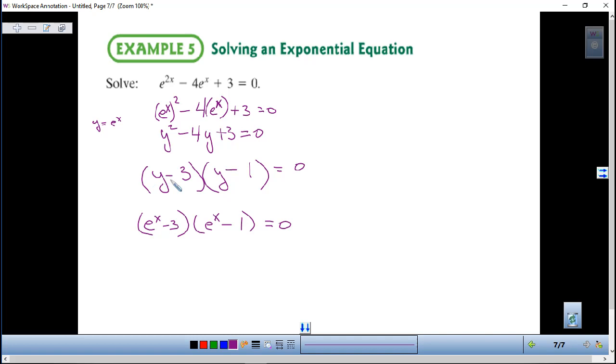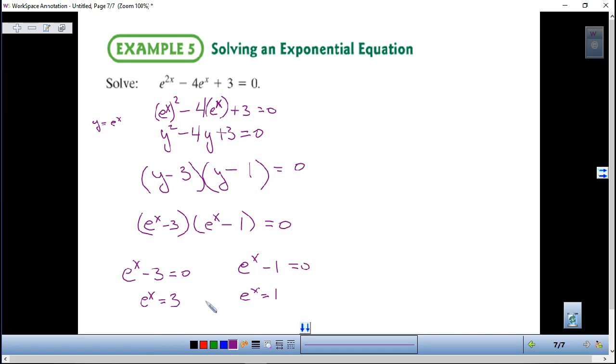We would have set y minus 3 equal to 0, and we would have set y minus 1 equal to 0. It doesn't change. It's the same thing here. So e to the x minus 3 equals 0, and e to the x minus 1 equals 0. And then we just solve these like we have been. So you're going to move the 3 over, move the 1 over, and e to the x equals 3, and e to the x equals 1.